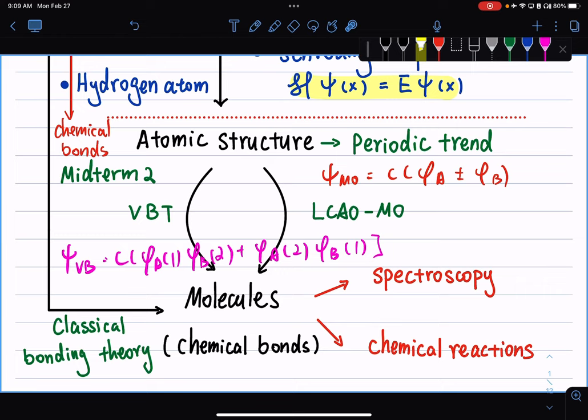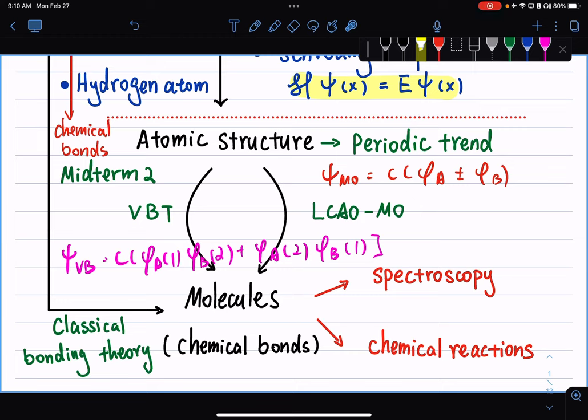Just as a quick summary of what we have done between midterm 1 and midterm 2, we have three different bonding theories. You have classical bonding theory: Lewis dot diagrams, valency, VSEPR theory, and everything. It's not technically correct, but it's very useful, and you will need it in organic chemistry. And then we have two different quantum bonding theories. The LCAO-MO theory uses the linear combination of atomic orbitals to give you an approximated molecular orbital.